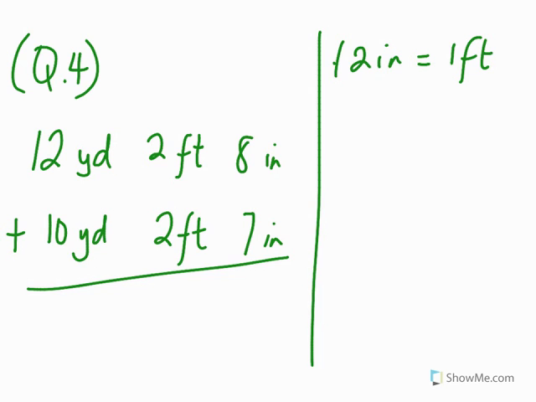But we have 15 inches, so we can subtract the excess. 15 minus 12, because 12 inches is 1 foot. So we bring out 12 inches, which gives us 1 foot, and then 15 minus 12 is 3. So we now have 3 inches remaining.